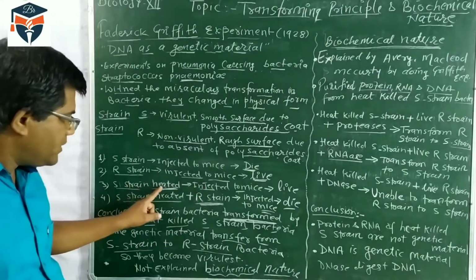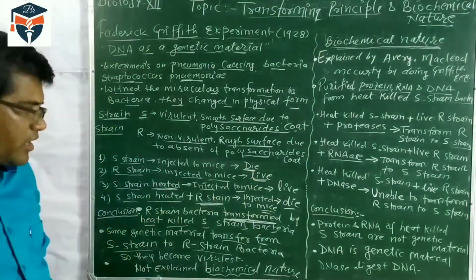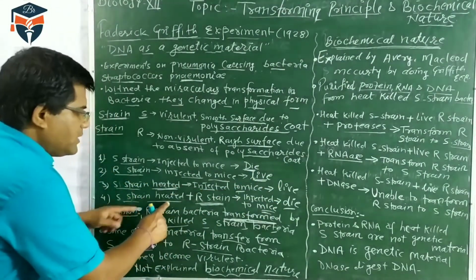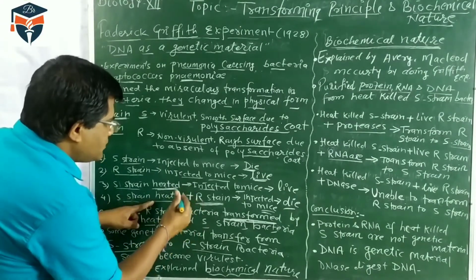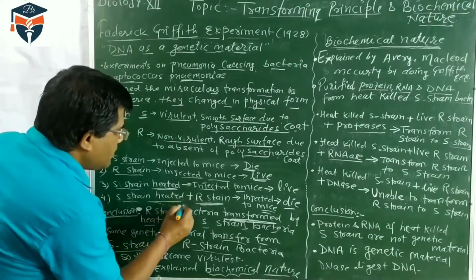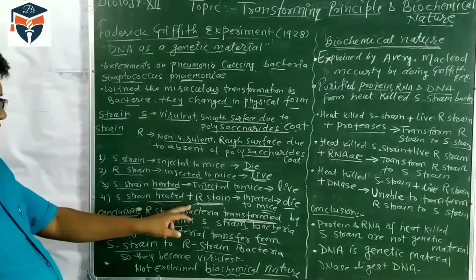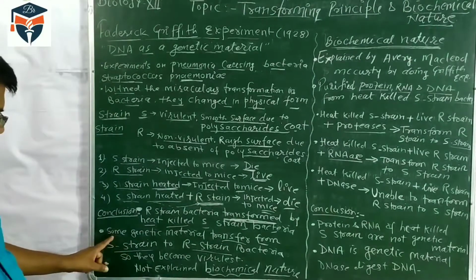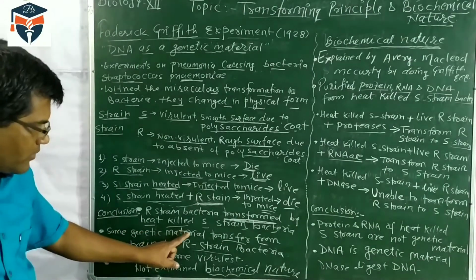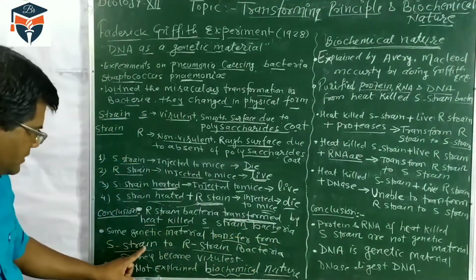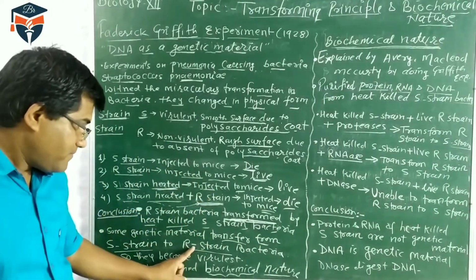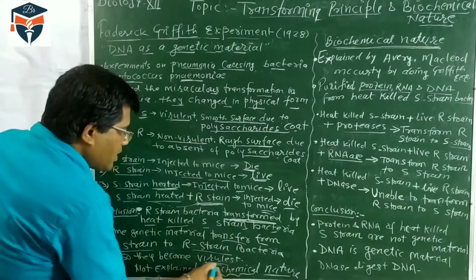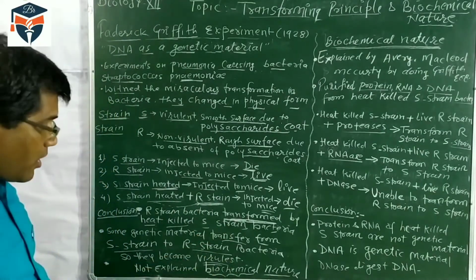Why the change? Because some genetic material of the S strain went to the R strain. When heated S strain is injected alone, no pneumonia is caused and the mice are alive. But when heated S strain is mixed with the R strain, something from the S strain goes to the R strain. It means the R strain got transformed, and that's why it became virulent, causing pneumonia or disease.